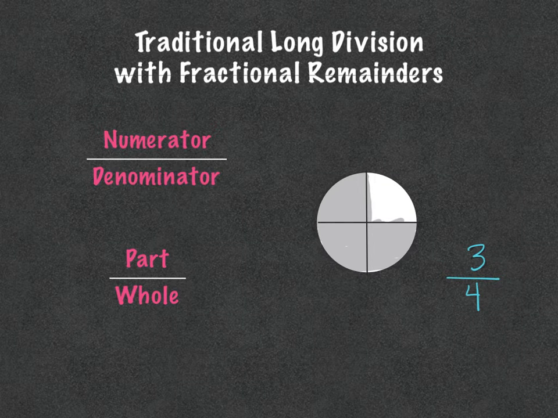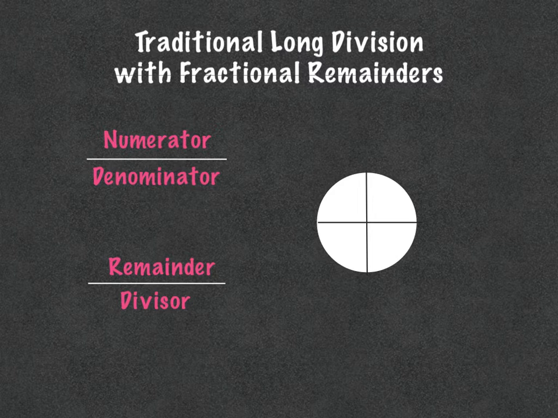So 3/4, right? So if we think about this when we do our division problem, if I was dividing by 4 and I had 3 left at the end, that would be 3 of the possible 4 that I would be able to get into there, right?